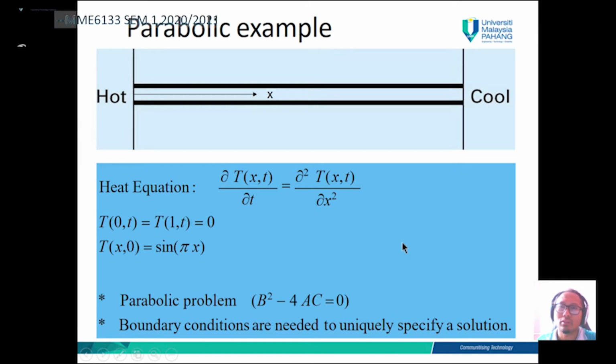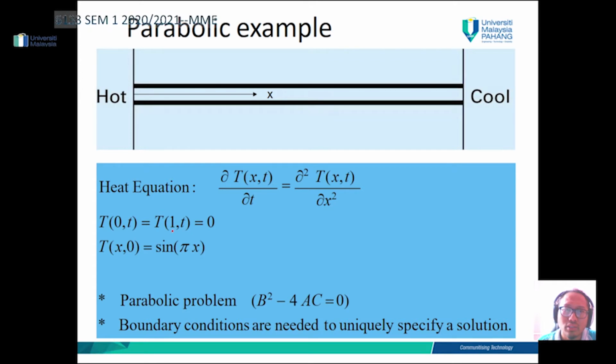We have a thin insulated rod where one end is being heated and the other is cooled. Based on the heat equation, where T is a function of x and t, location and time, the partial derivative of T over dt is equal to the second derivative of T over dx squared.